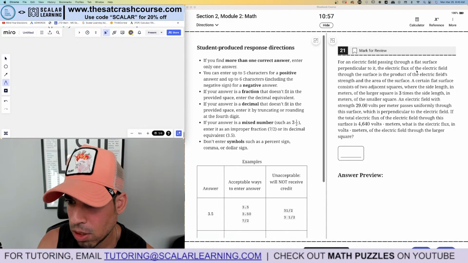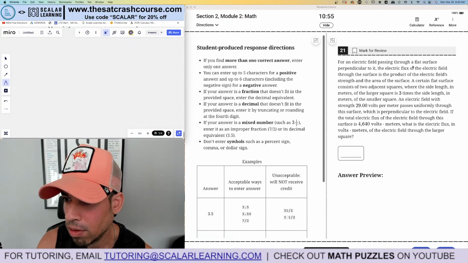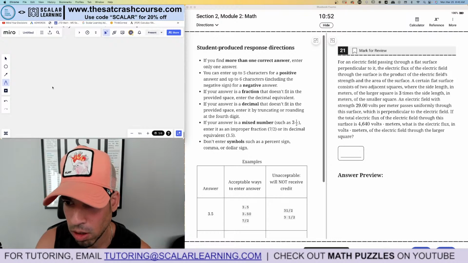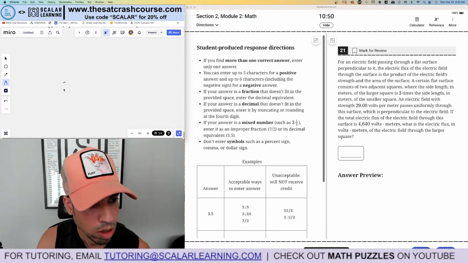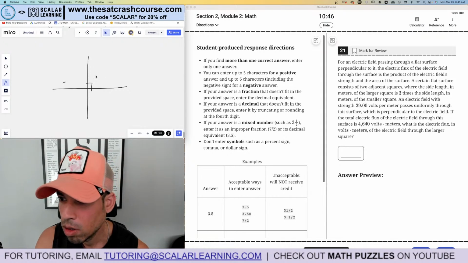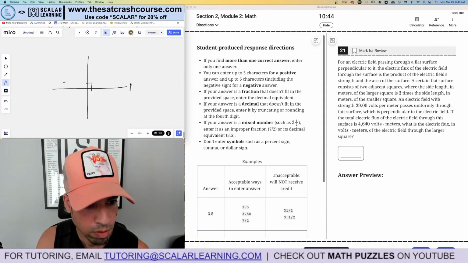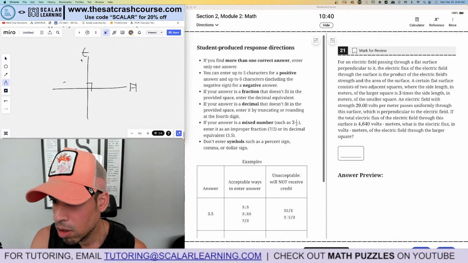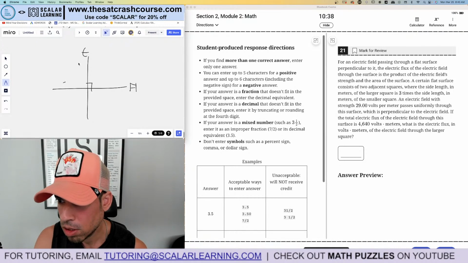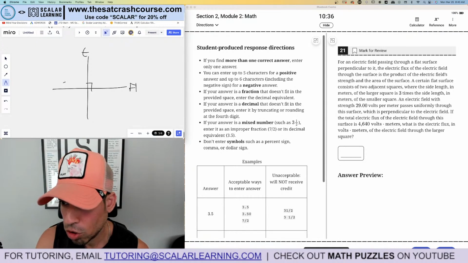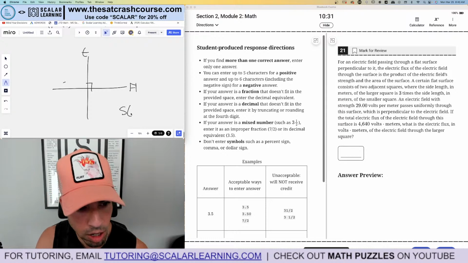For an electric field passing through a flat surface perpendicular to it, the electric flux of the electric field through the surface is the product of the field's strength and the area.